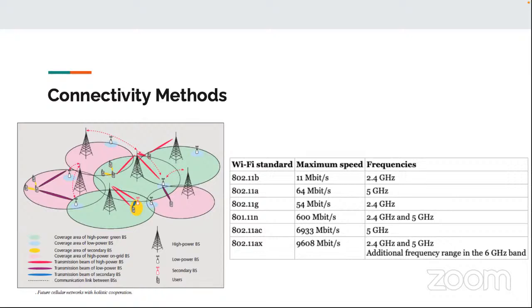I have put this chart here in the slides. These are the things you need to know for the Security Plus exam. This is about as A+ as it's going to get, where it'll ask you which Wi-Fi standard goes with what frequency, or what goes with the maximum speeds.